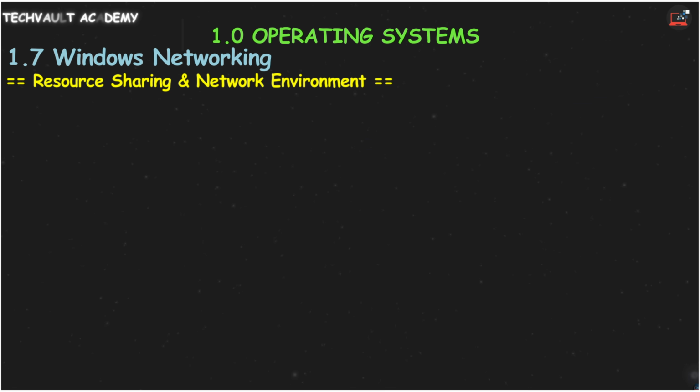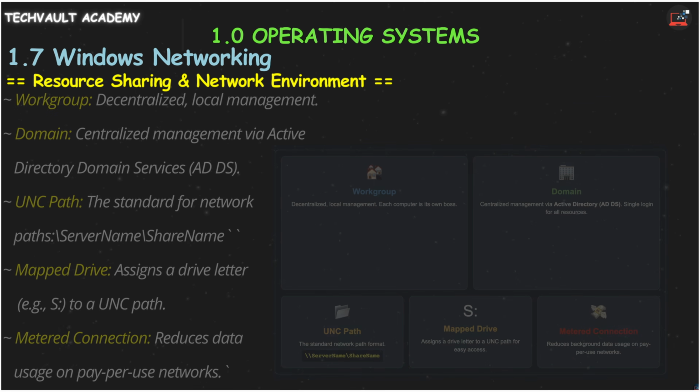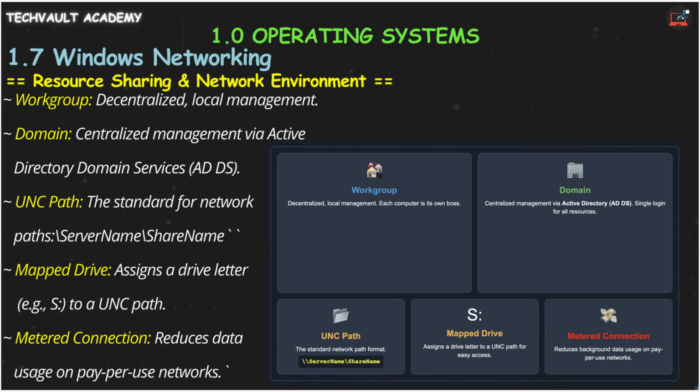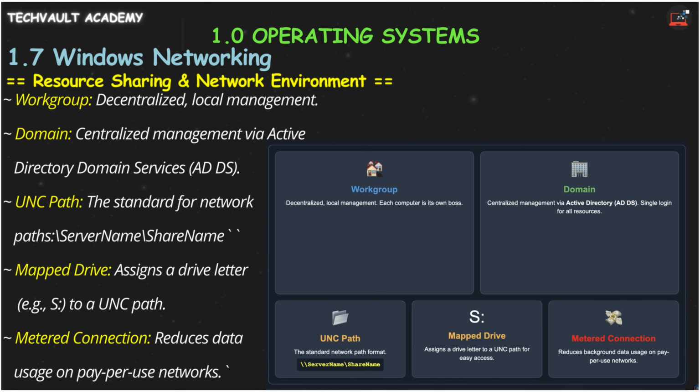Resource sharing is a huge part of networking. A workgroup is a decentralized group of computers, like a local neighborhood. A domain, which requires a server running Active Directory Domain Services, is like a corporate headquarters with centralized management and a single login for all resources. To access a shared folder on a server, you use a UNC path, which follows the format \\servername\sharename.